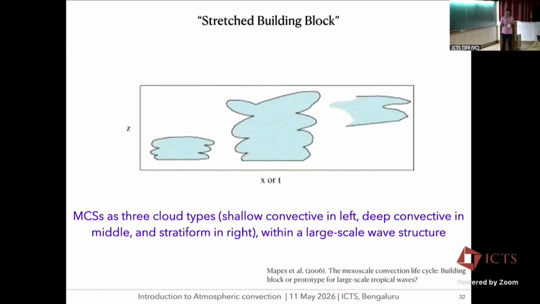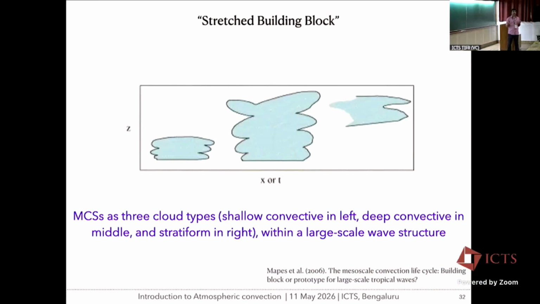There is a small shallow or congested cloud, and there is a deep cloud, and there is a trailing stratiform cloud. They call it stretched building blocks. Stretched means a more condensed form of it, and a filtered view.